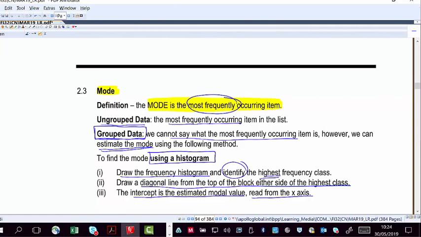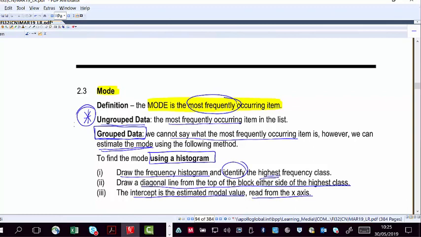Now, because your exam is OT style, you're not going to be asked to draw a histogram, so it could be more likely that you see an OT question focusing on ungrouped data, so that you don't have to use the histogram, and we'll see that in a lecture example in a wee second.